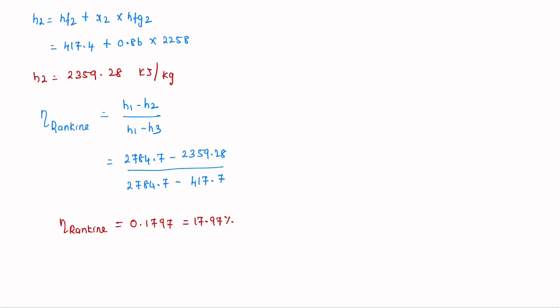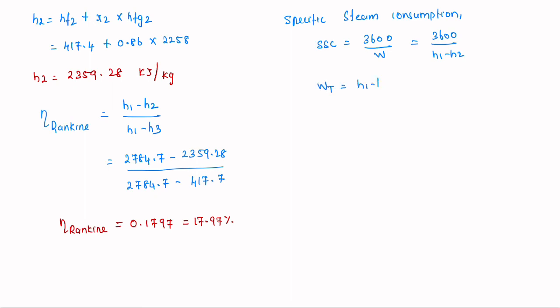Next, we have to find the specific steam consumption. The specific steam consumption is given by the equation 3600 divided by the work done, and the work done by the turbine is W equal to H1 minus H2.